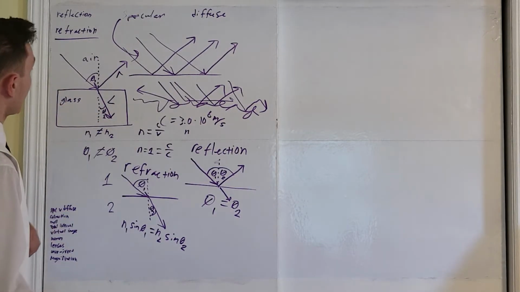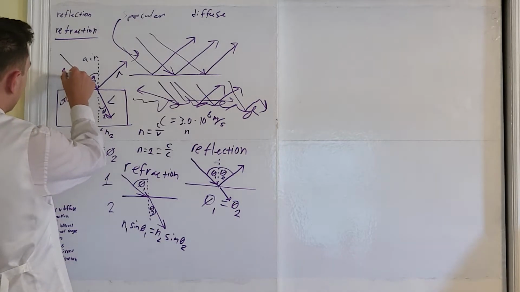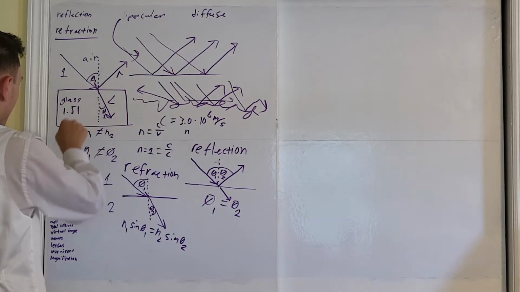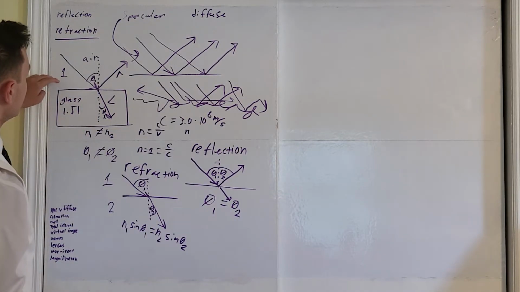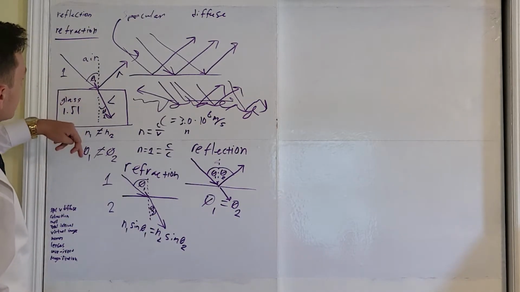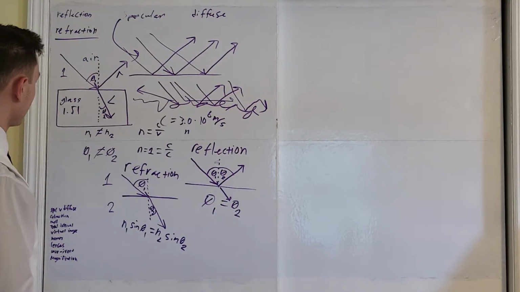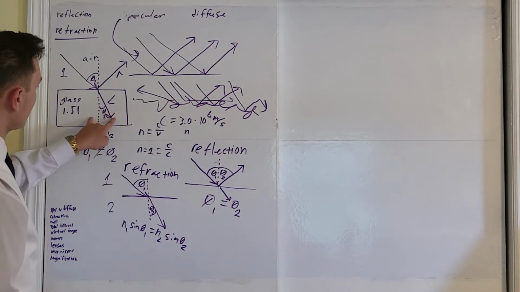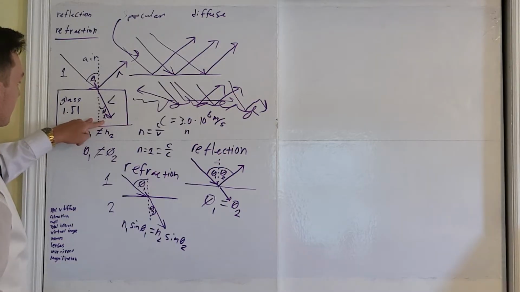So the index of refraction of air, as I've already discussed, is about 1, and the index of refraction of glass is about 1.51. Okay, so we can see that the index of refraction increases as the light travels across the border. Okay, and qualitatively speaking, going from a lower to a higher index of refraction pulls the light closer to the vertical.